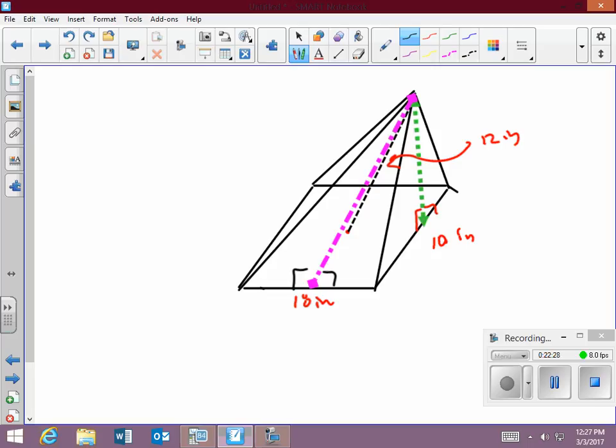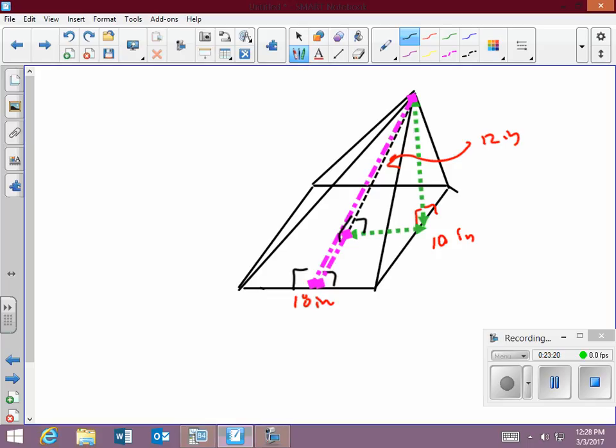The way we're going to do it is form a right triangle here, because this is a right angle there, and then a right triangle here, because this angle right here is a right angle.